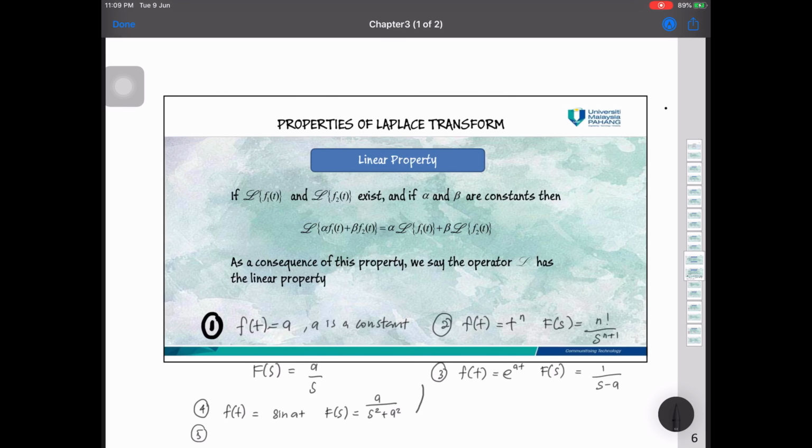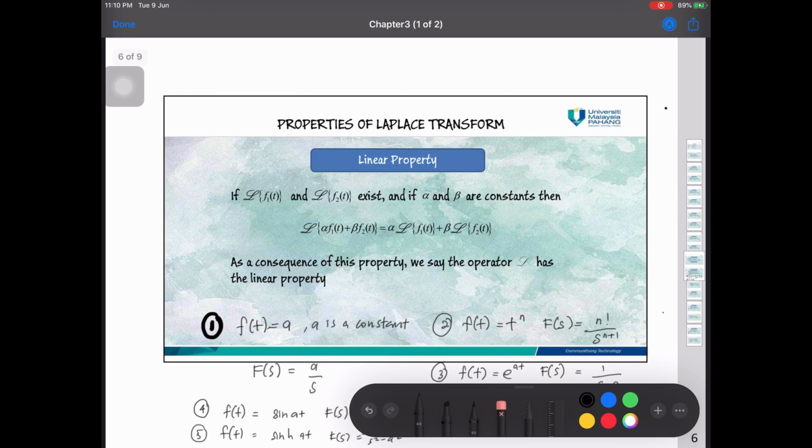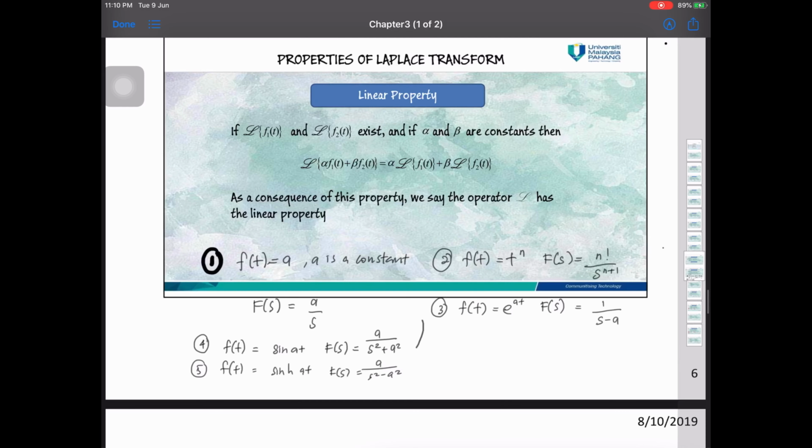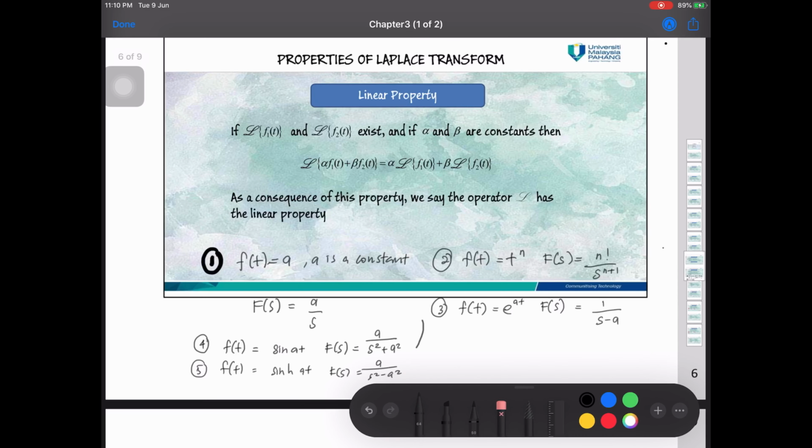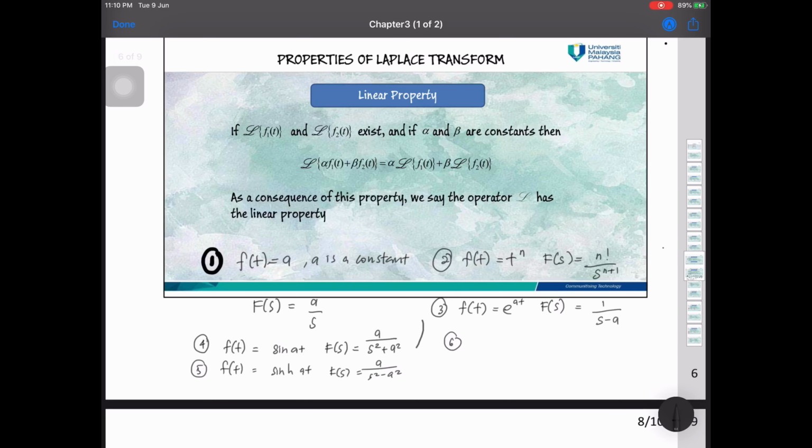Besides, if you have f(t) equal to sinh(at), your F(s) will be a over s squared minus a squared. Next, number 6, if you have f(t) equal to cos(at), therefore you will find your Laplace transformation is equal to s over s squared plus a squared.